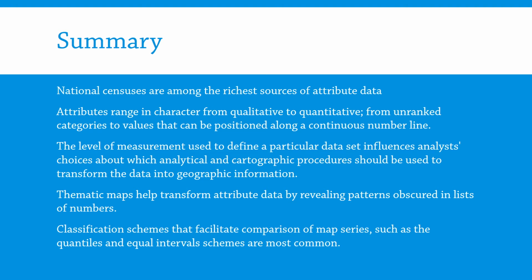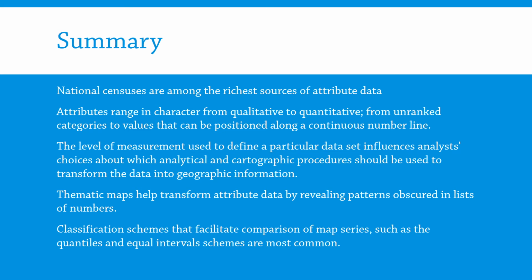So, in summary, the national census is among the richest sources of attribute data that you'll find anywhere in the U.S. Attributes range in character from qualitative to quantitative, from unranked categories to values that can be positioned along a continuous number line.